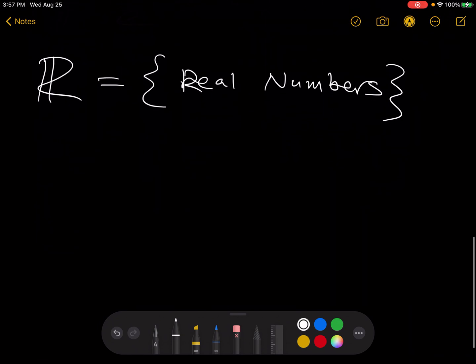Okay, and lastly, the complex numbers. Now, we really won't use the complex numbers much in this class.